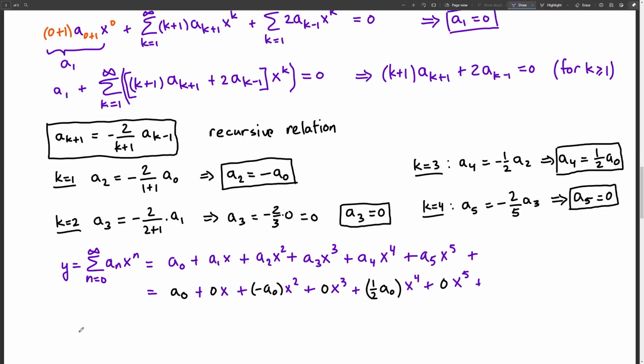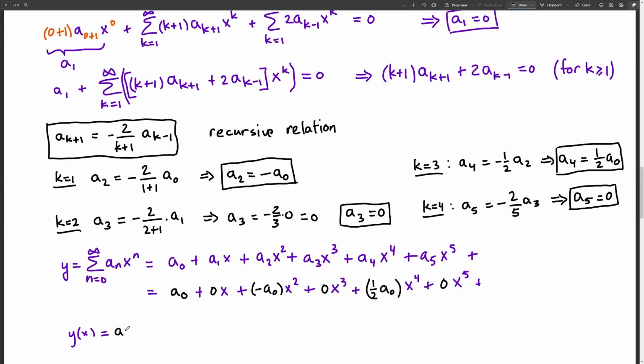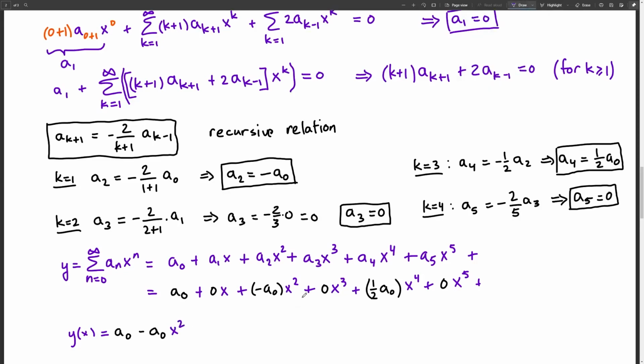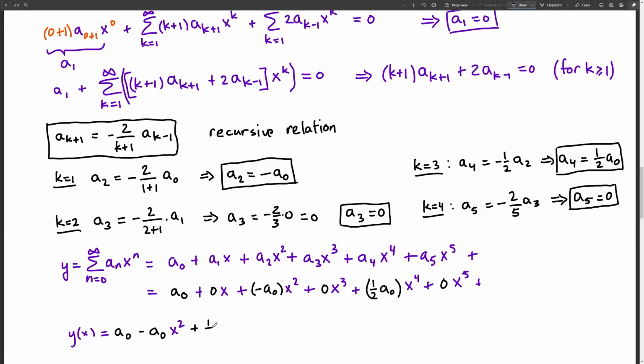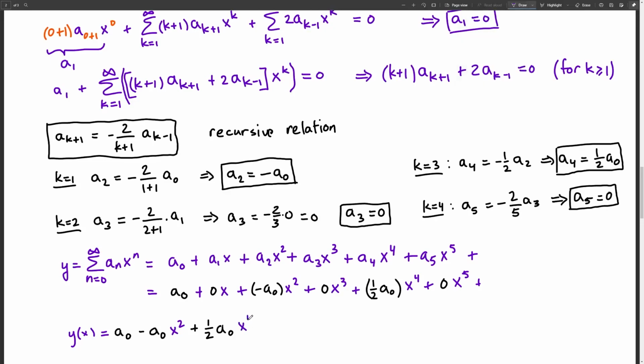So we then have y of x equals a0 minus a0 times x squared and then plus 1/2 times a0 times x to the power 4.